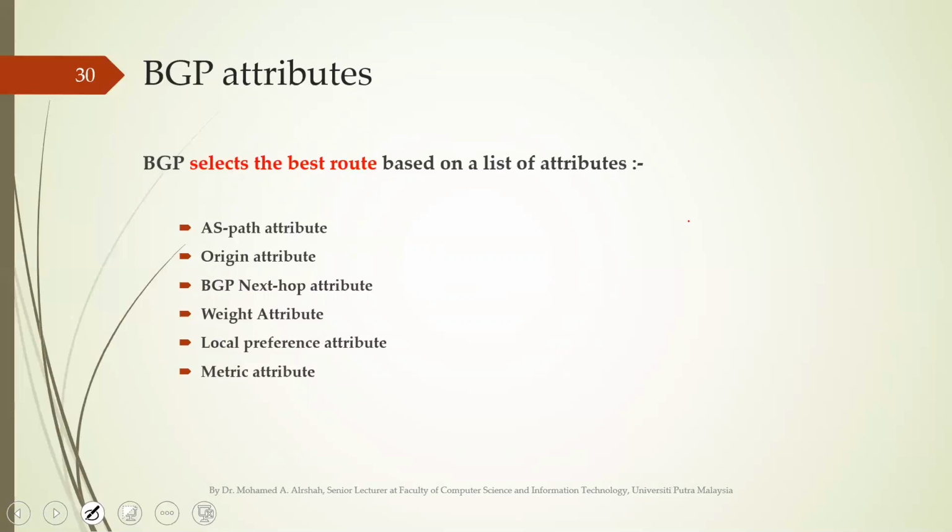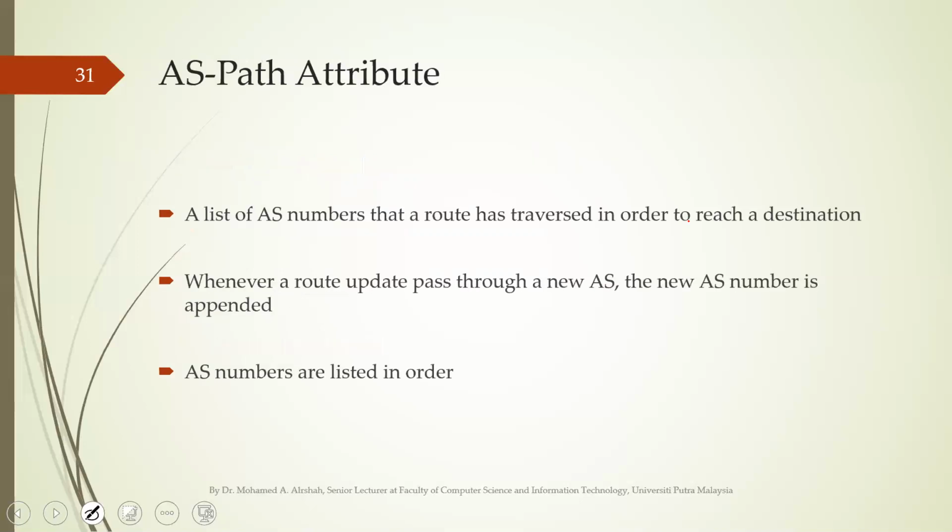The first attribute used to select the best route is the AS path attribute. The second one is the origin attribute. If you remember, we have three origins: static, routes learned from other BGP, and routes learned from the interior gateway protocols. The third attribute is the BGP next hop attribute, the fourth is the weight attribute, the fifth is the local preference, and the sixth is the metric. So we have 6 attributes.